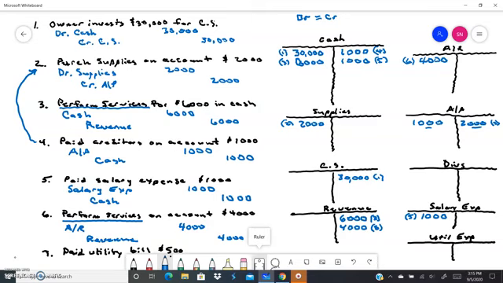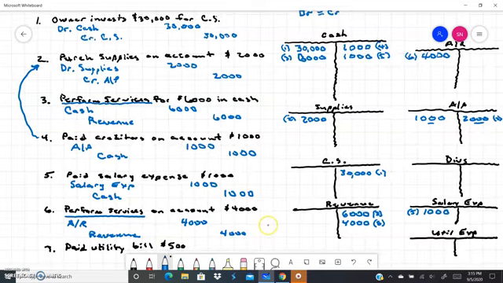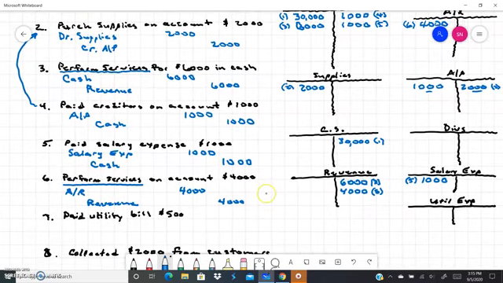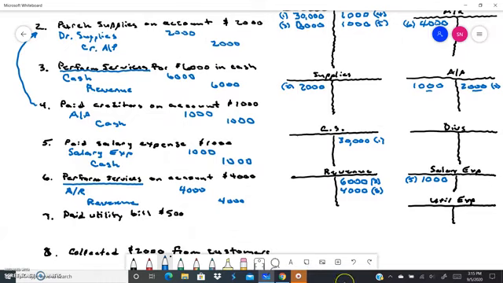Okay, so I'm going to slide this up a little bit, hopefully not too far. So we paid the utility bill, $500. Again, utility bill would be an expense. It's not an asset. It's used up in a month.